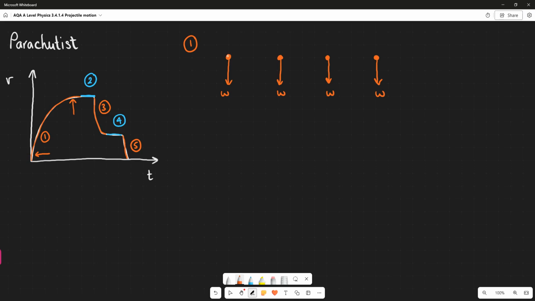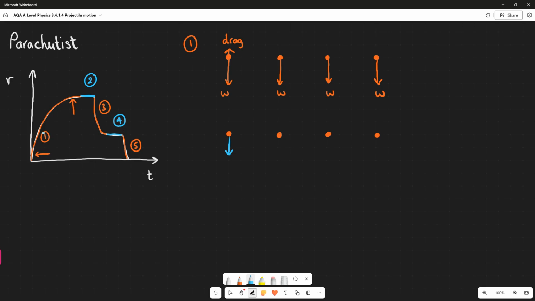At low speeds, drag is very small. The drag cancels very little of the weight, so there is a net downward force causing the parachutist to accelerate downwards. So here is the net force with a little bit cancelled by the weight, by the drag.